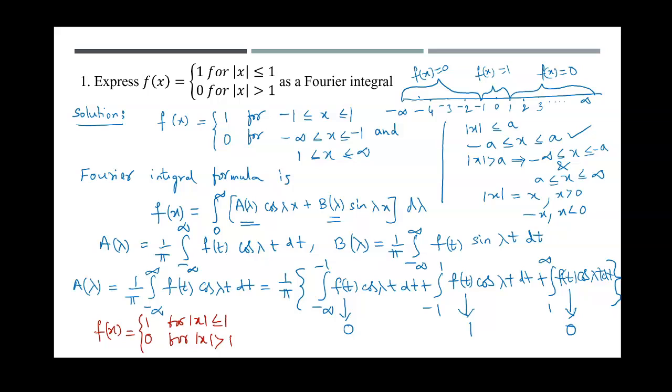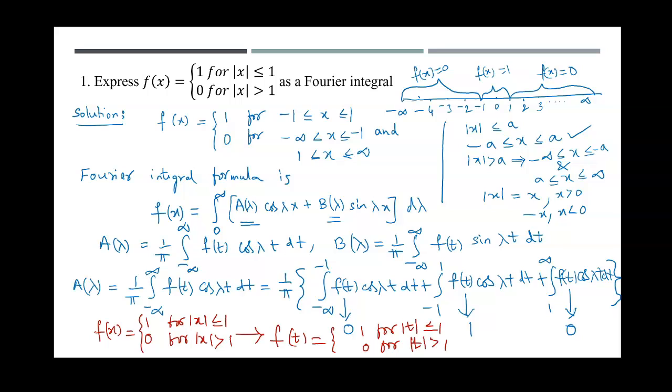This means f of t equal to 1 for mod t less than or equal to 1, and 0 for mod t greater than 1.